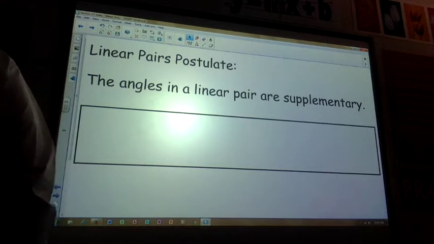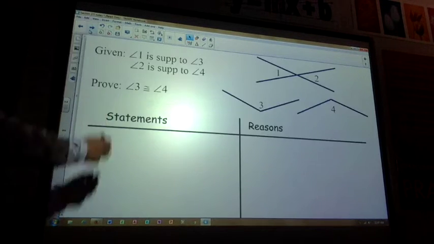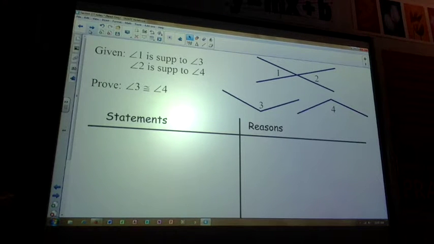Given angle 1 is supplementary to angle 3. Angle 2 is supplementary to angle 4. Prove angle 3 is congruent to angle 4. All right, let's prove this.